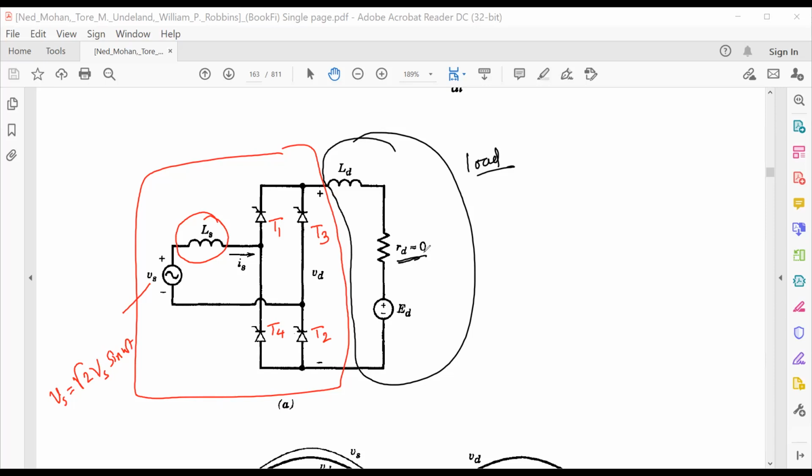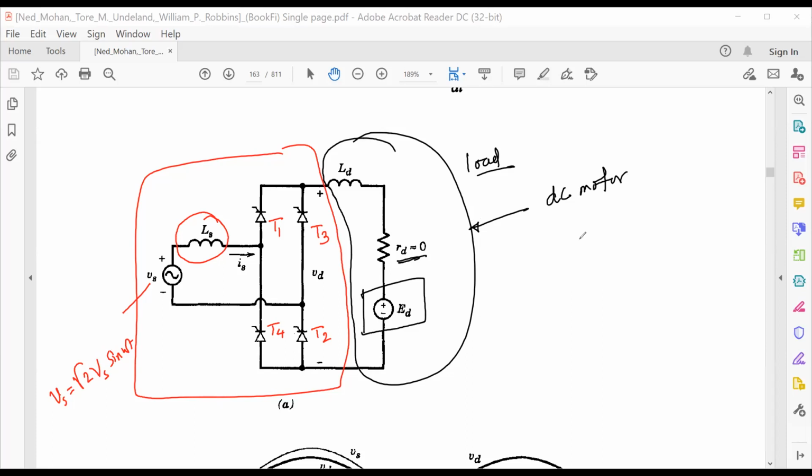So practically, what could be the load? Practically, it should be an inductive load. Yes. And what is this thing then? This resembles the DC motor. Can you remember the DC motor?